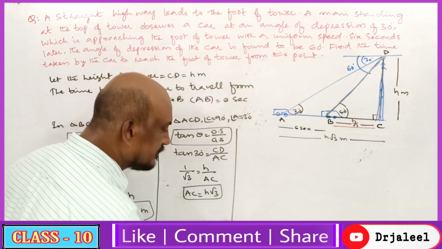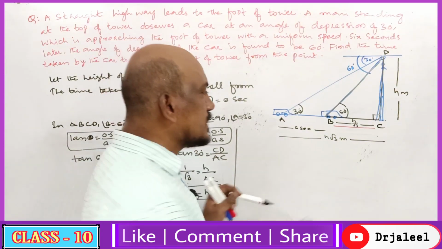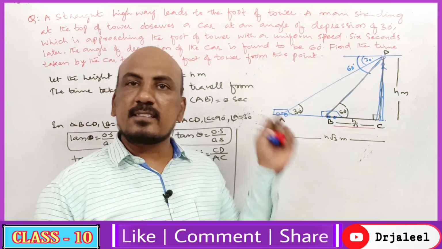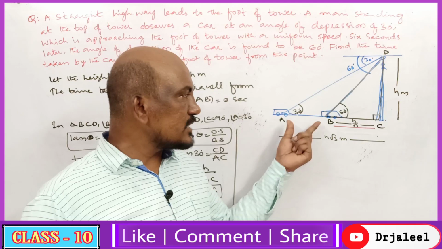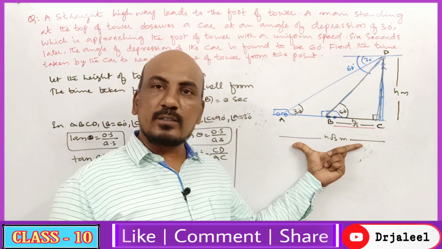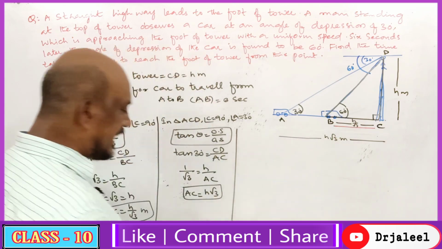So children, as I told you, let us forget that this took 6 seconds. That duration we will see later. First we will find the distance. How much is this distance going to be? H root 3 minus H by root 3. First let us catch the distance.